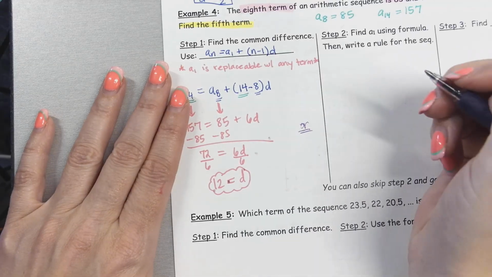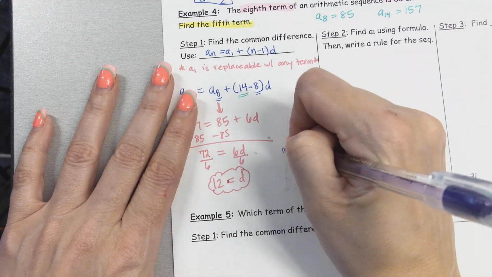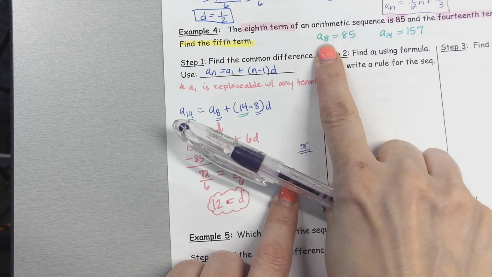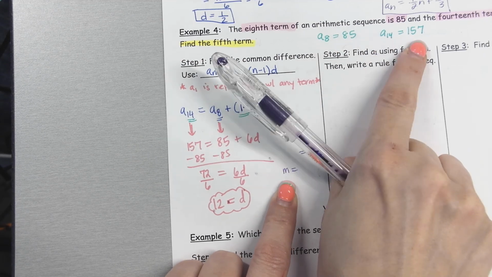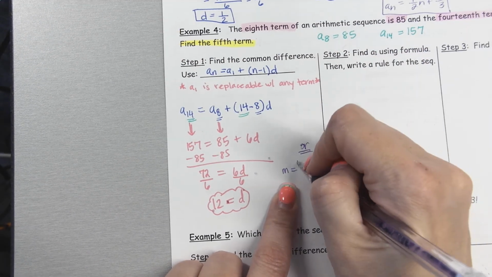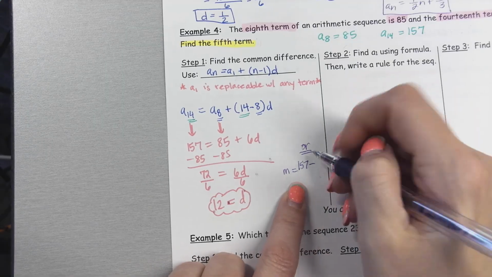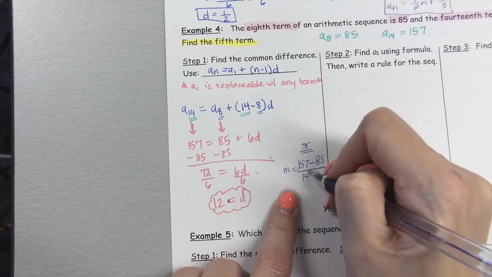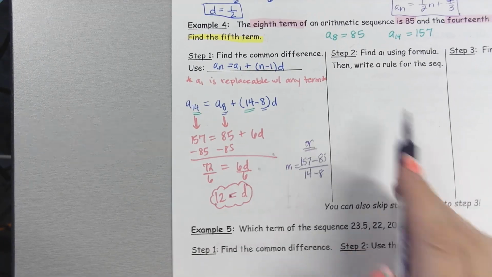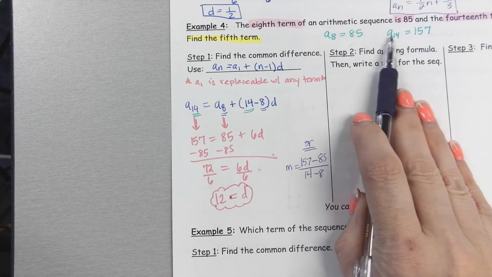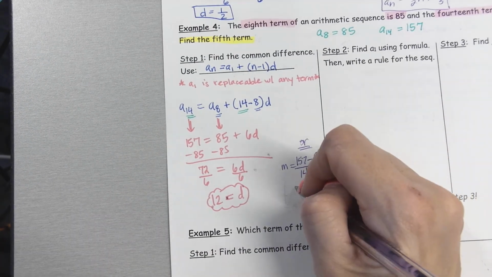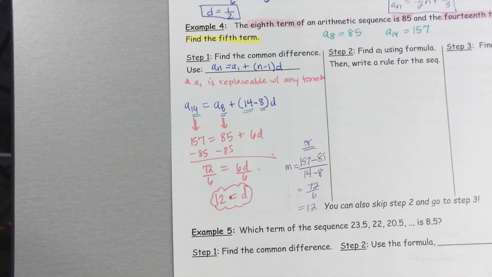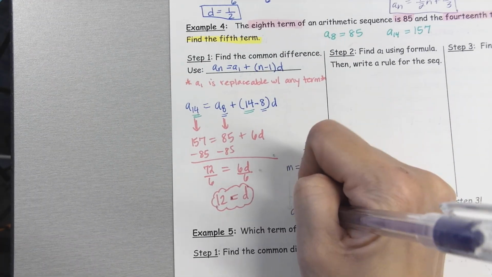It's linear, okay? So you can find the slope. Think of it as this is your input, this is your output, this is your input, this is your output. So your y2 minus your y1 over the x2 minus the x1. Okay, it's the distance between the outputs and the distance between the inputs. And you will still get 72 over 6, which is still going to give you 12. Okay, so that is your value for d.